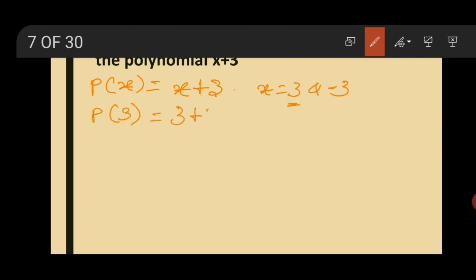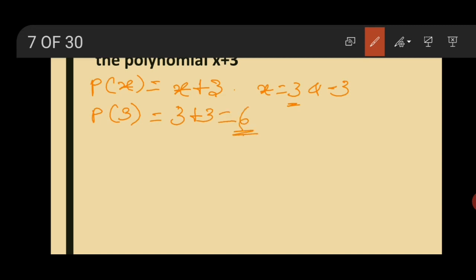So, first take P of x is equal to x plus 3. The values given are 3 and minus 3. First, substitute x as 3. So P of 3 is equal to 3 plus 3, which is 6.